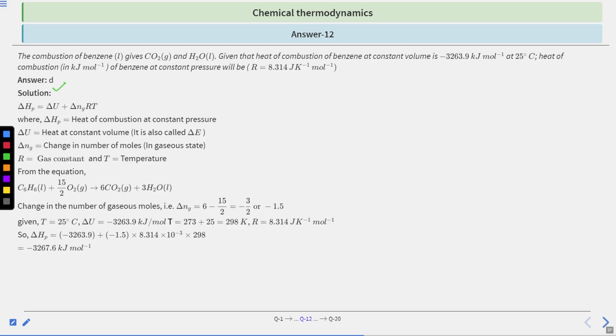ΔU is given as minus 3263.9, and the temperature is given as 25 degrees Celsius. On converting to Kelvin, we have 273 plus 25, it will be 298 Kelvin, and R is 8.314 joule Kelvin inverse mole inverse.